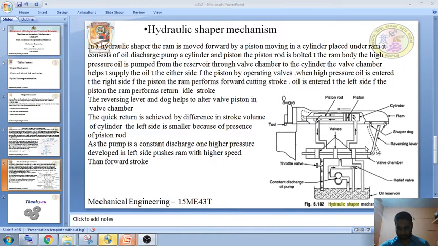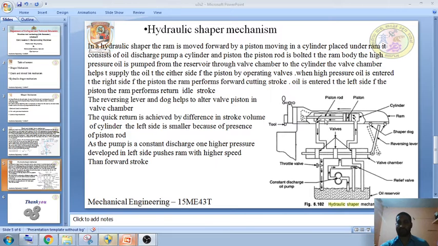The oil from the left side of the cylinder comes through this valve and goes back to the reservoir. During the return stroke, oil is supplied to this chamber, goes through this valve, and reaches the left side of the piston.